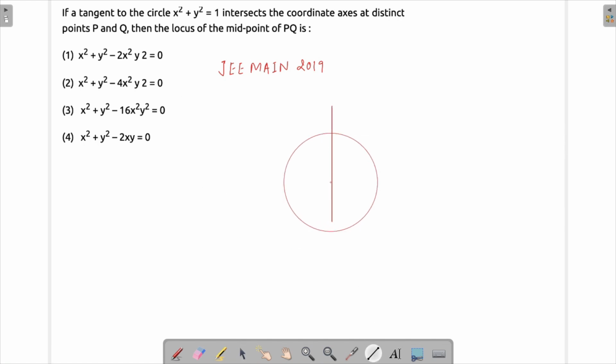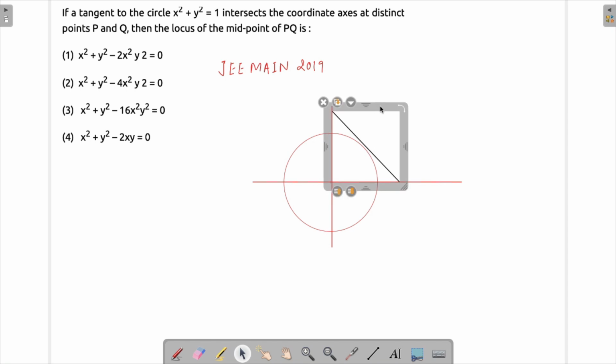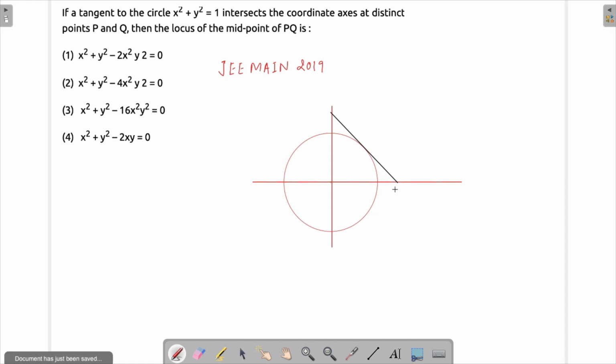The center of this is at the origin, and there is a tangent drawn to it, which will be touching the circle and then intersecting the coordinate axes. So these are the points P and Q. This is your point P and this is point Q. We have to find the locus of the midpoint.